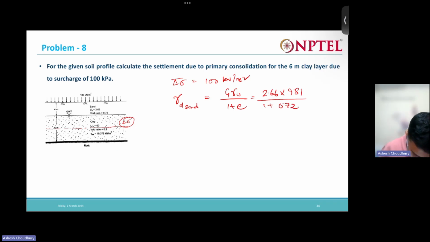All these values are given in the figure, right? From here I can get 15.17. Next, saturated is given, so I deduct 9.81. I will get submerged unit weight.